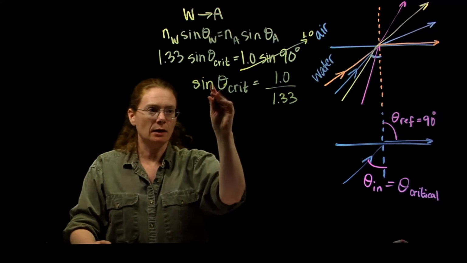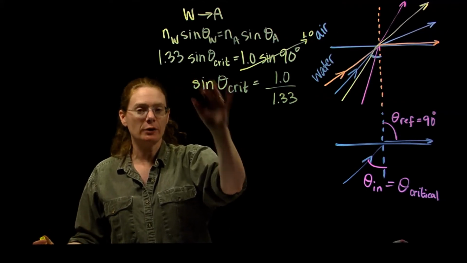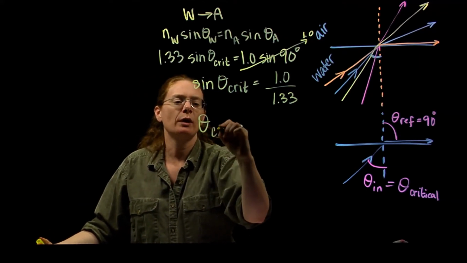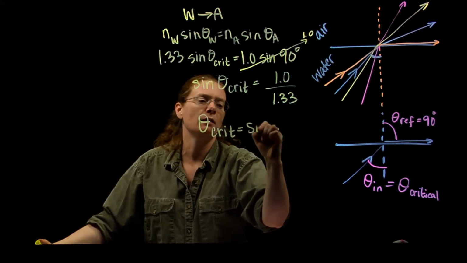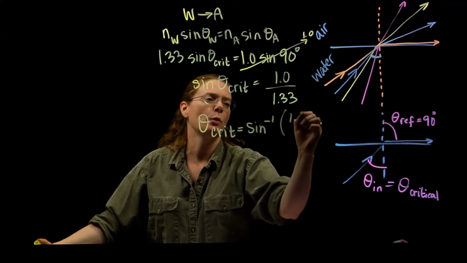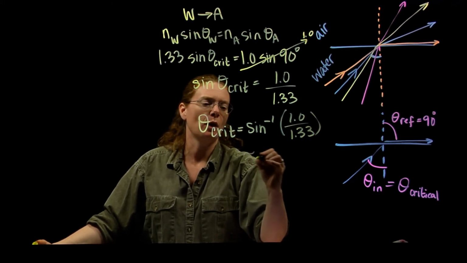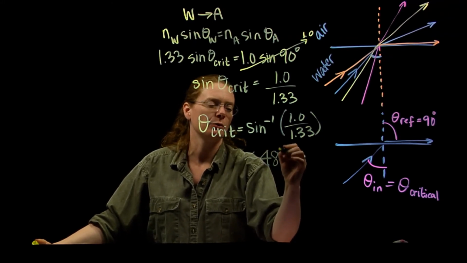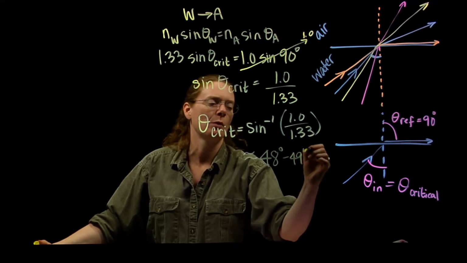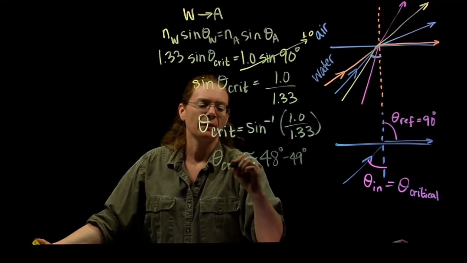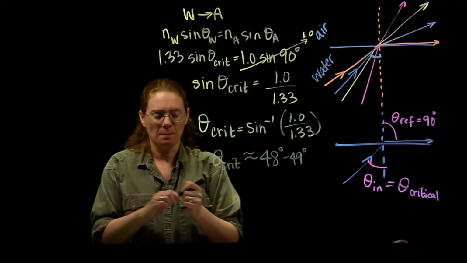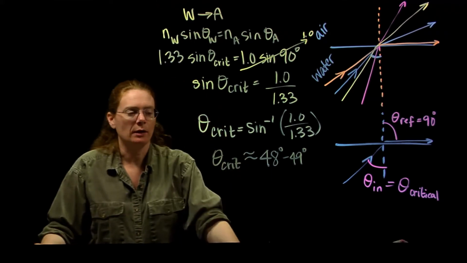And to get the angle, I need to do the inverse sine. So the critical angle is going to be the inverse sine of 1.0 over 1.33. If you do the math for water, it's around 48 or 49. I can't remember right now. So the critical angle is 49 degrees.